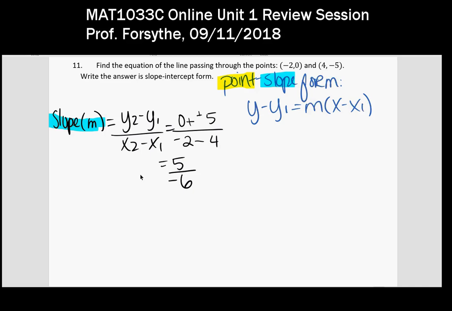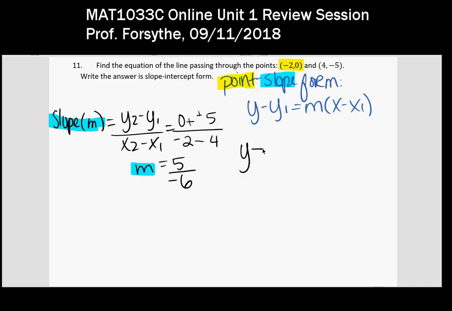So the slope of the line that we need for our equation is 5 over -6, or -5/6. And we already have a point. We have 2 points, so we can pick whatever point we want. I'm going to pick this point, just because.